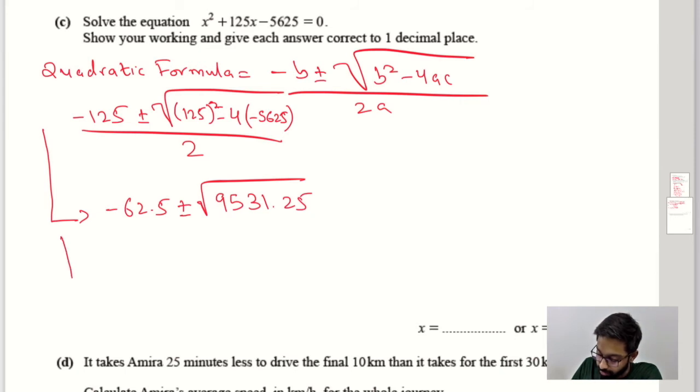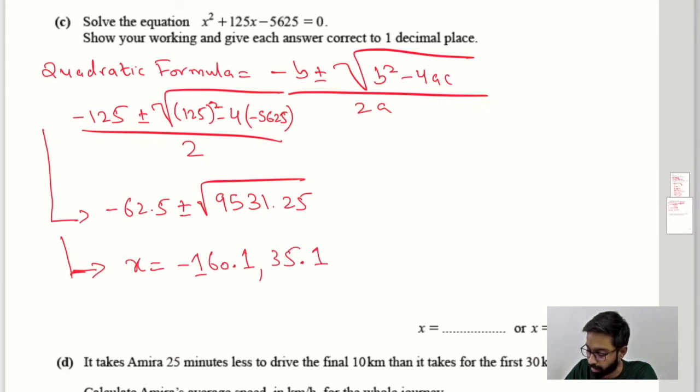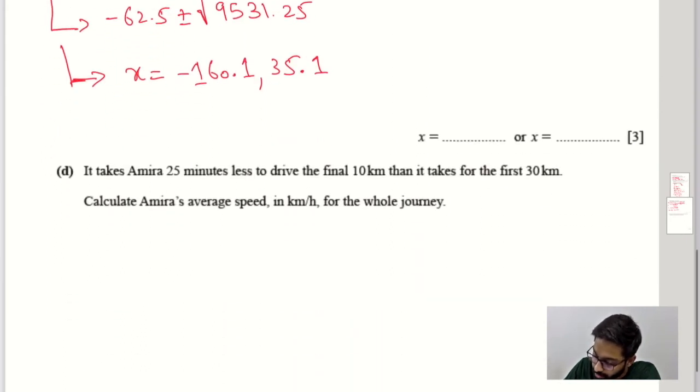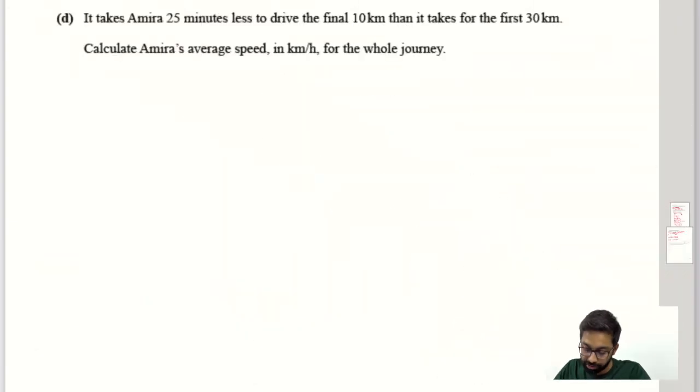Now if you solve this further, you will get the values of x, which in this case are negative 160.1 and 35.1. So you write the values down here. You write negative 160.1 and 35.1.